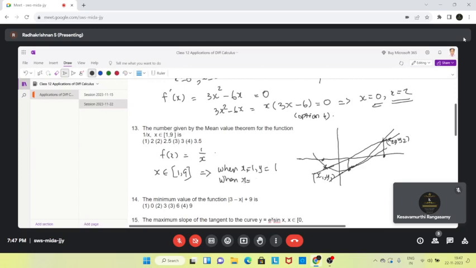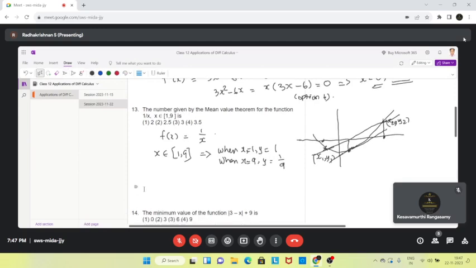When x equal to 9, y equal to 1 by 9. So these are the 2 points, x1, y1, x2, y2, we have determined first. 1, comma 1 and 9, comma 1 by 9 are the 2 points.